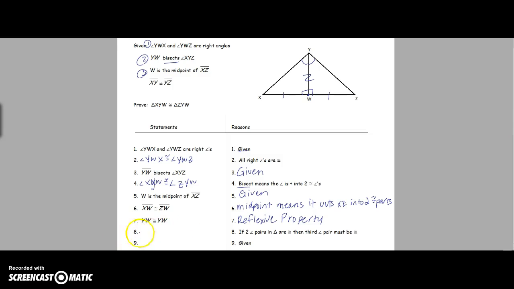For number 8, we don't know what to write for the statement, but the given says if 2 angle pairs in a triangle are congruent, then the third angle pair is congruent. So we have our right angles marked, we have this that was bisected. The only thing we have left is X and Z. And because the other 2 angles in the triangle are congruent, we can say that angle X is congruent to angle Z.